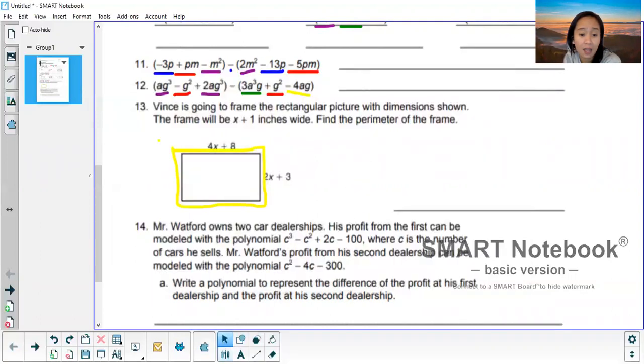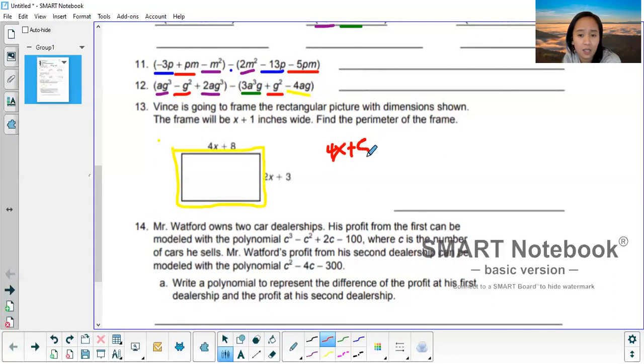That means you're going to add everything, right? So let's write first those measures that are given. So 4x plus 8. So that's 4x plus 8 for this part. And then 2x plus 3. So take note, it's a rectangle.